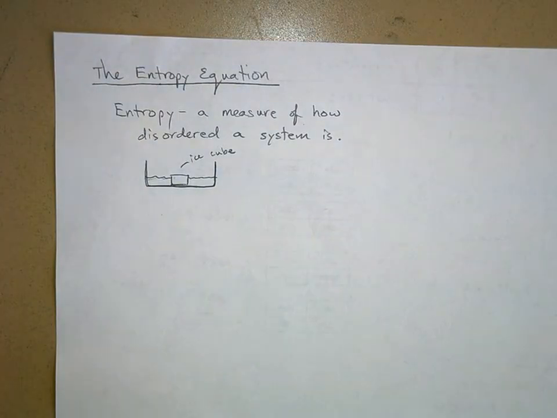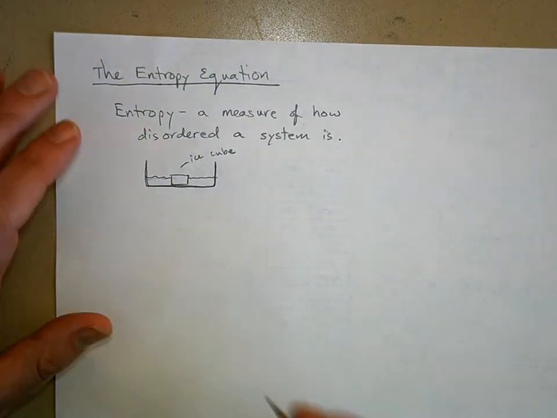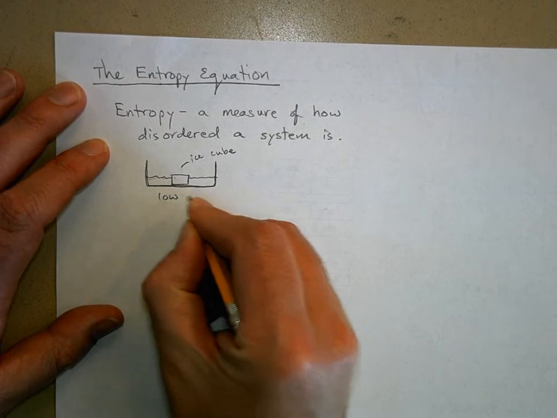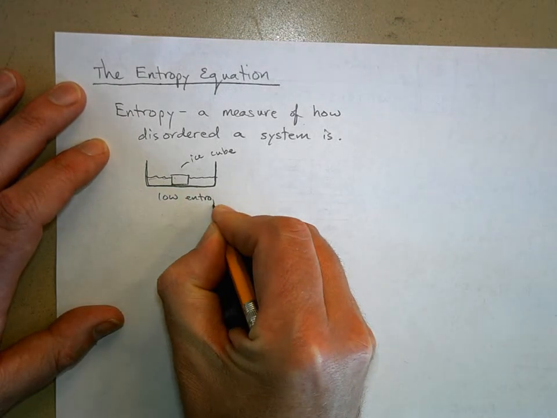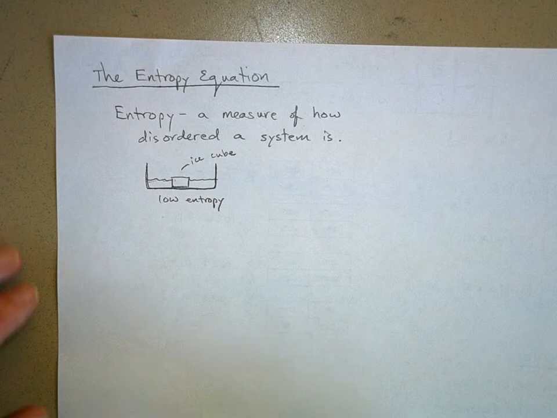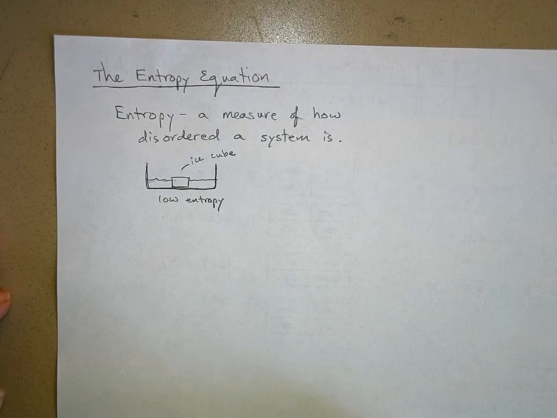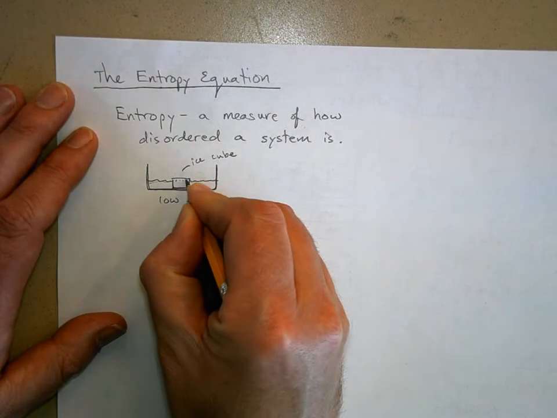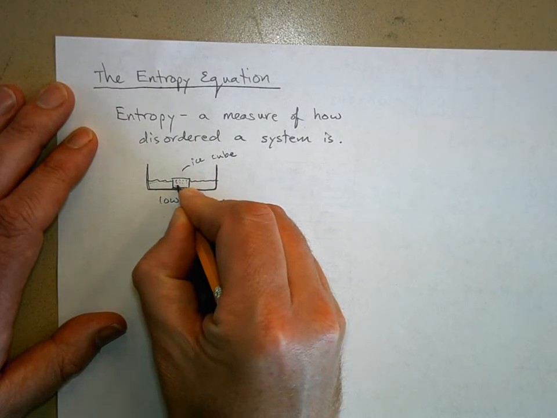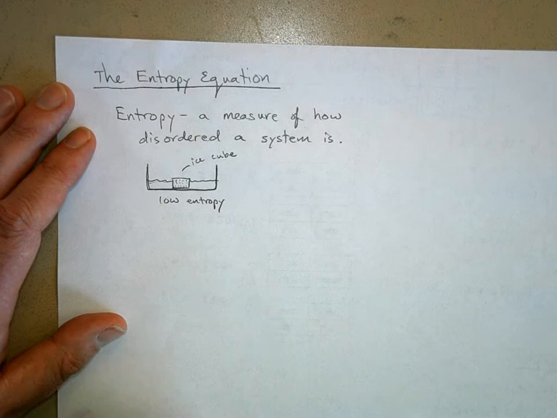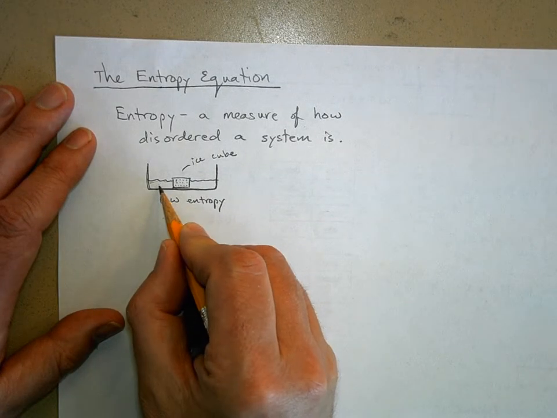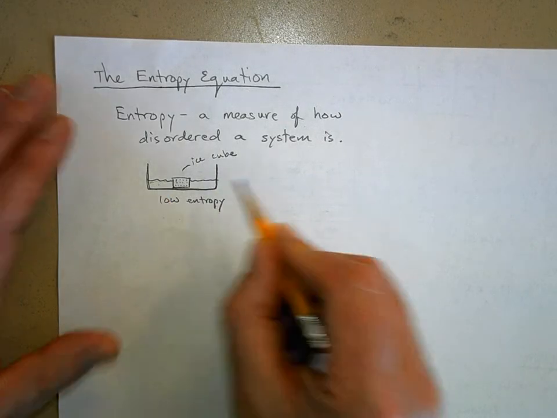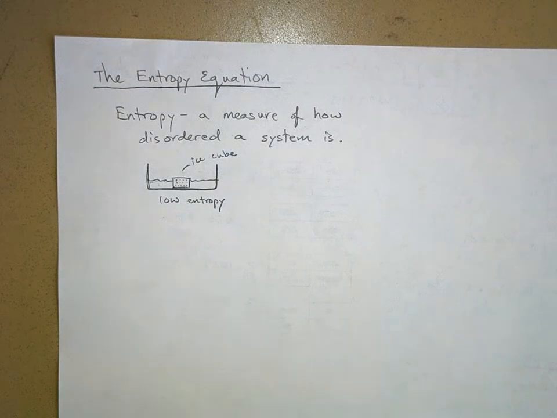Now, this is a fairly organized, low entropy situation. This is very organized. I mean, we have a bunch of water molecules all very neatly aligned in water crystals. This is maybe the water out here is at a higher temperature than this, I don't know, but it's organized.